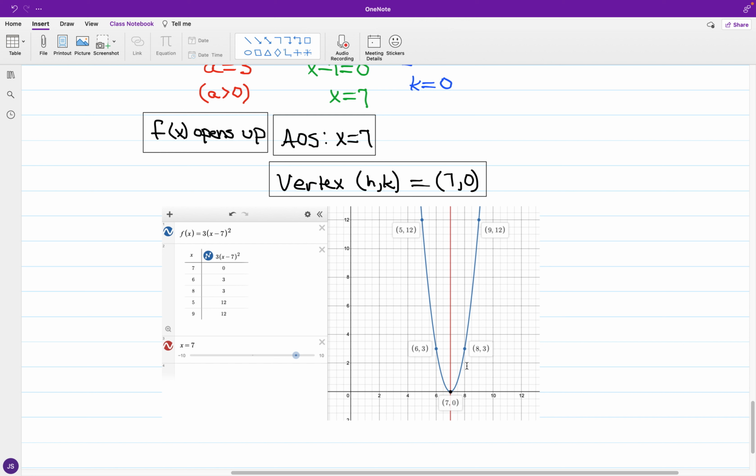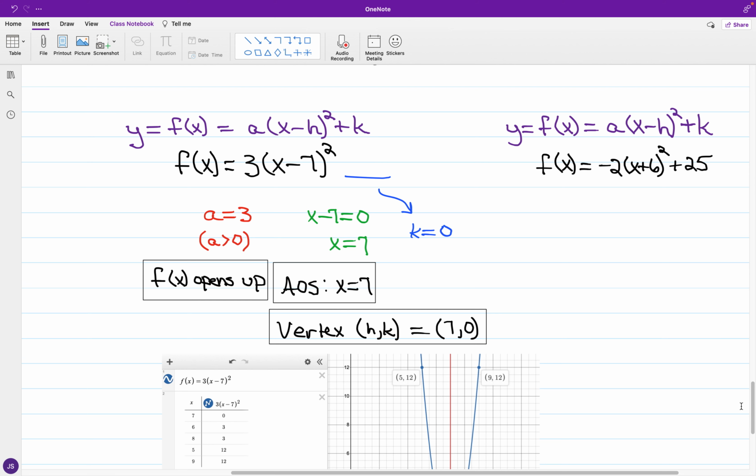Notice that 6, 3 is equal in distance from the axis of symmetry as 8, 3. Likewise, you're moving just as far to the left at y equal to 12, getting to 5, 12, and equal in distance out to the right at 9, 12. So you have symmetry throughout.